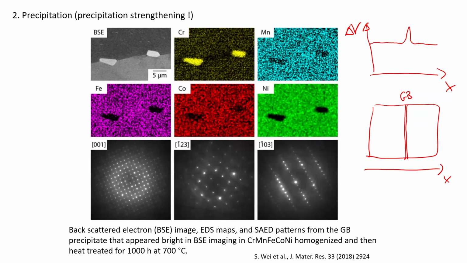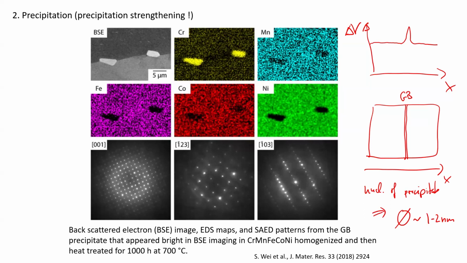And if you have nucleation of a precipitate, then the nucleation stage has the highest activation barrier. If the nucleation is successful, growth can occur much more easily.